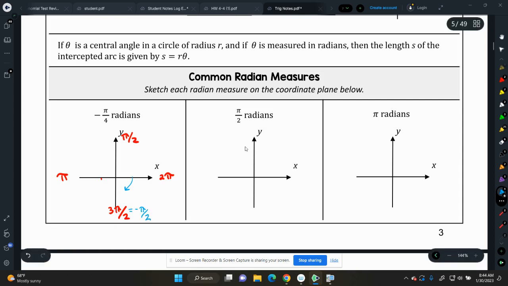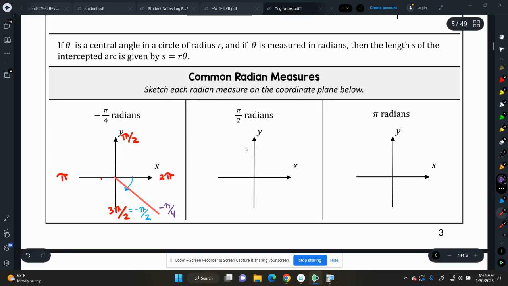Yes, it would. Negative pi over 2. Excellent. Right? Because I'm going this way. Pi over 2 is 90 degrees, so it would be half of that. Very good. So negative pi over 4 is going to be halfway. This is going to be negative pi over 4 radians.